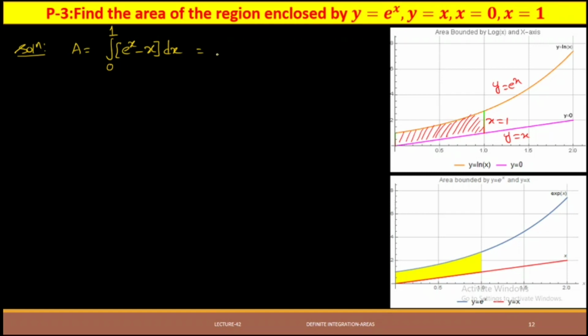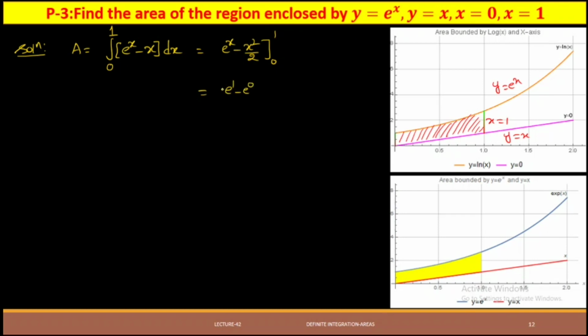So that is equal to integral e to the power x is e power x, minus integral x is x square by 2. So I have to substitute the limits 0 to 1 here. So if I substitute the upper limit, it is e power 1 minus 1 square by 2, or I can evaluate like this. For the function e power x, I'll substitute the upper limit as well as the lower limit.